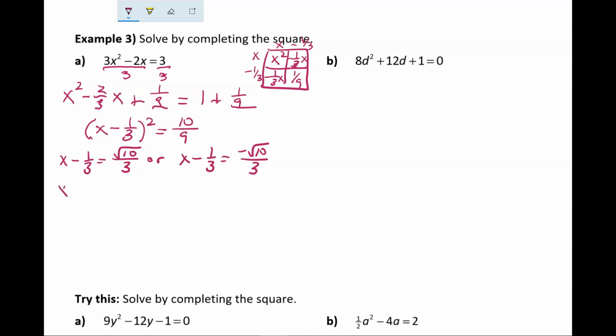Now what you'll notice when you add 1/3 to both sides of the equation is that both expressions have a denominator of 3, so we can put them together into one fraction, 1 plus the square root of 10 over 3, adding the numerators and keeping the denominators. And then our second solution would be 1 minus the square root of 10 over 3. So again, we get these conjugate solutions.